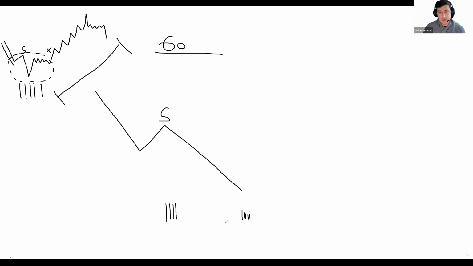Okay, now your action plan, as you all know, is do nothing until that breaks higher, correct?